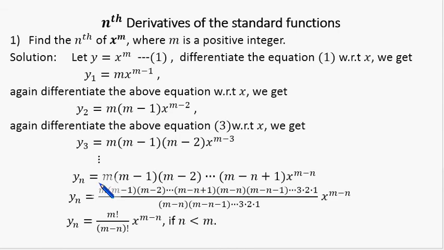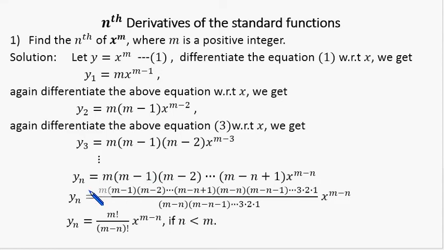Multiplying and dividing throughout by m minus n into m minus n minus 1 up to 3, 2, 1 in both numerator and denominator, into x to the power of m minus n.